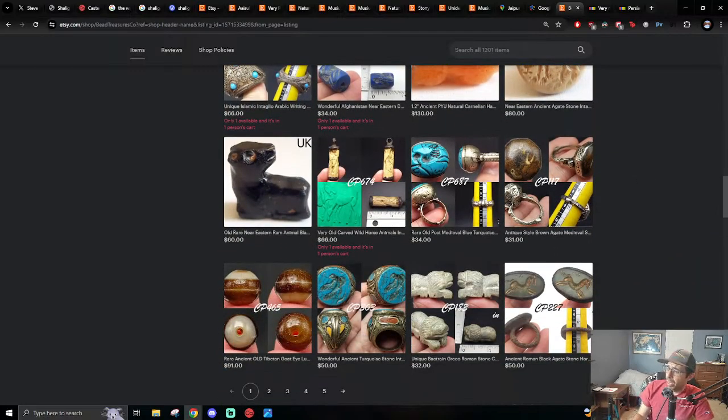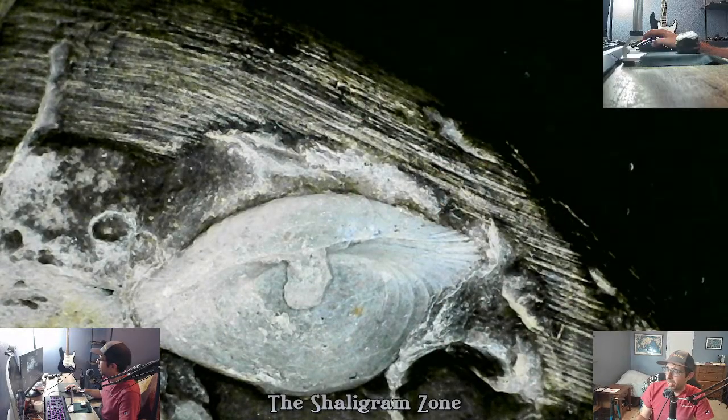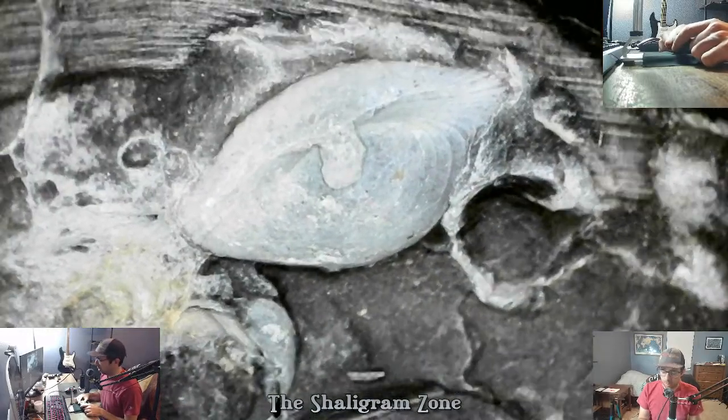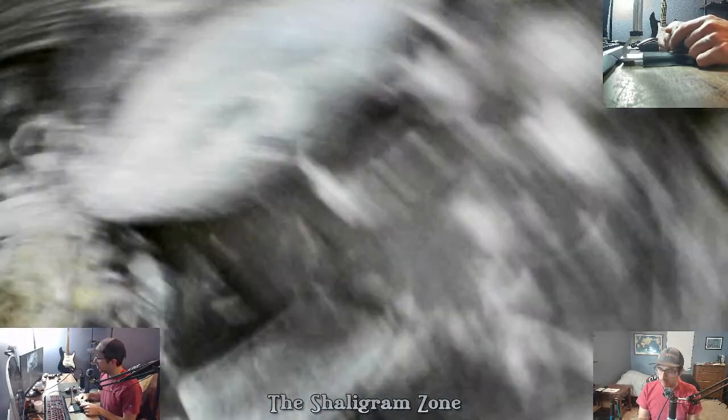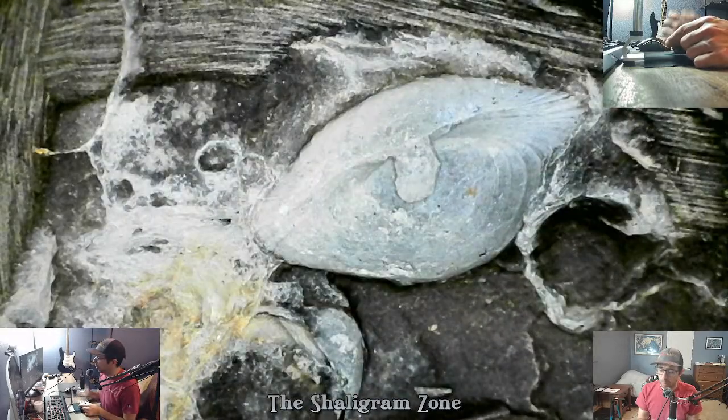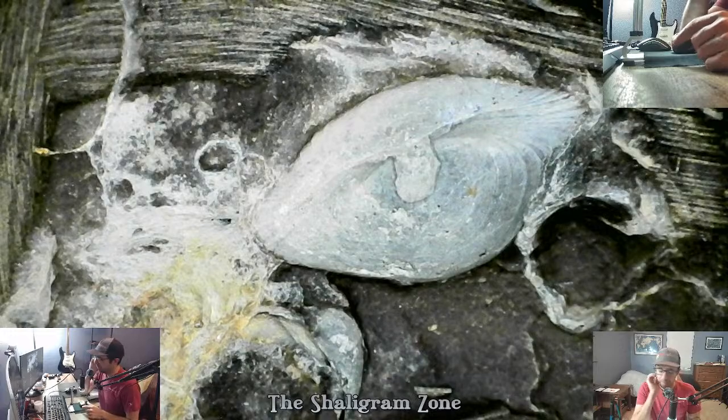Okay, I don't know. I didn't really do any looking at this Shaligram, or any Shaligram, that I prepared for though, so that's too bad.